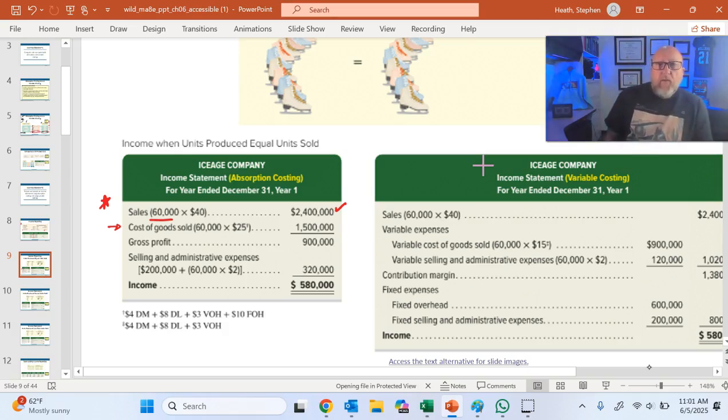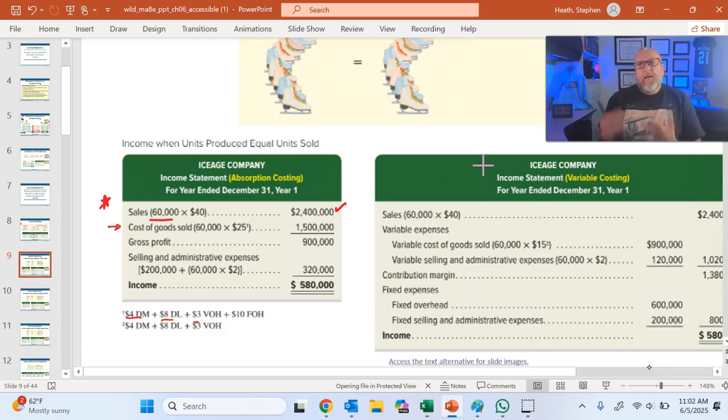And we want to deal with it in 4 approaches, right? So the first one, the variable direct material is $4 a unit. And then the direct labor is $8 per unit. That was from the previous slide.